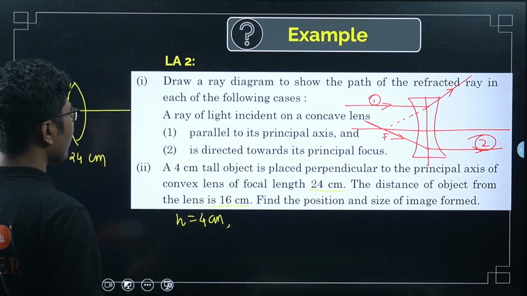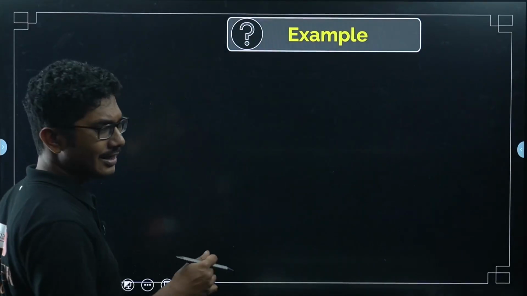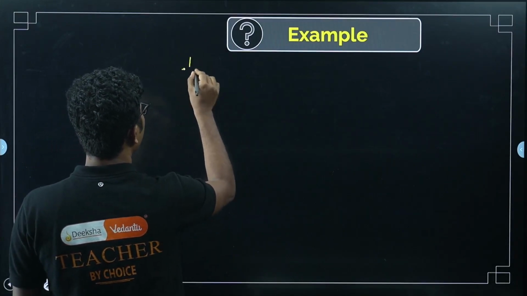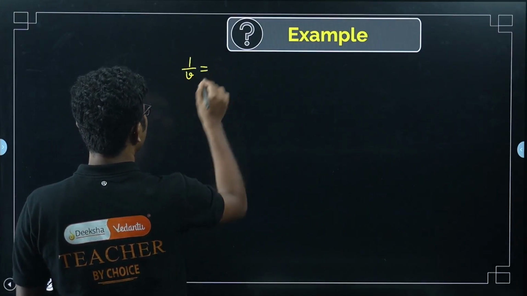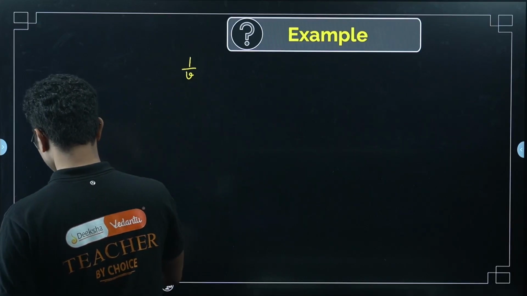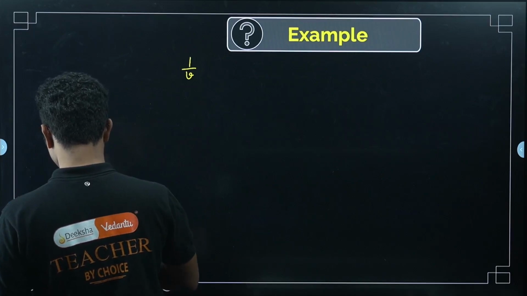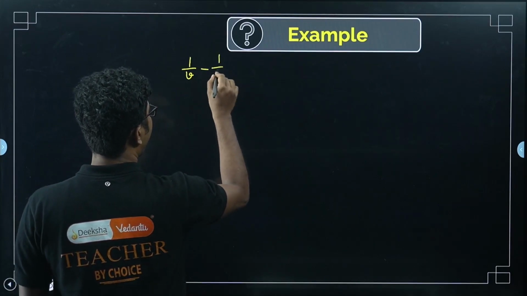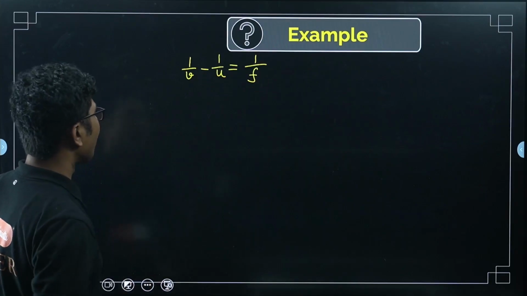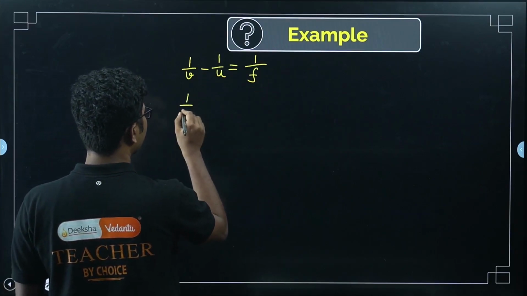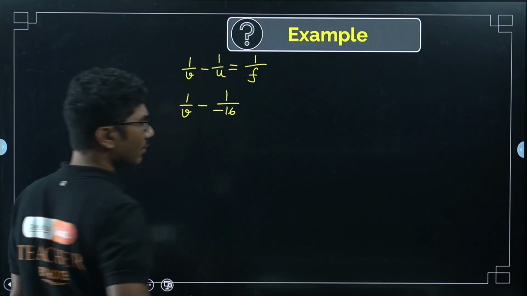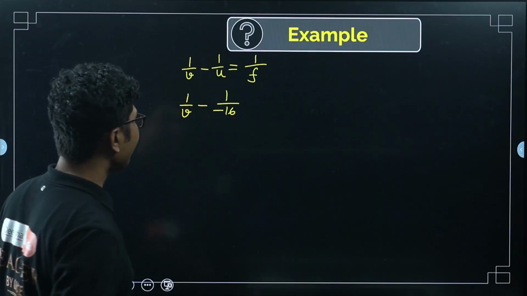So what we have to do is find the position and the size of the image formed. What is the position? We know that 1 by v minus 1 by u equals 1 by f. Now 1 by v we don't know. u is given 16 centimeter, and it should be negative.